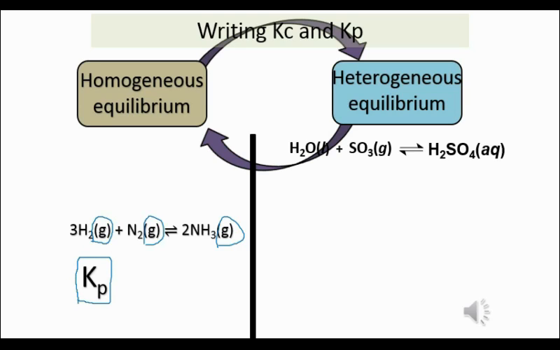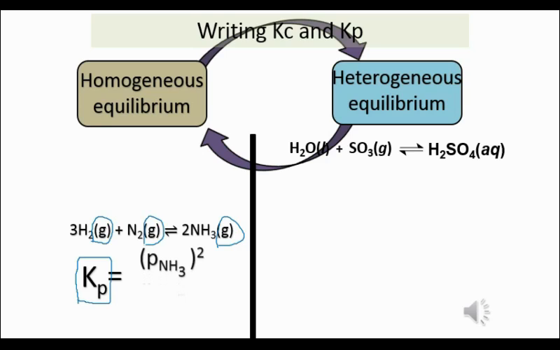Normally in the question, you will be given partial pressure if the reaction involves gaseous state. So if you are given partial pressure, then you need to calculate the equilibrium constant in the form of partial pressure, Kp.